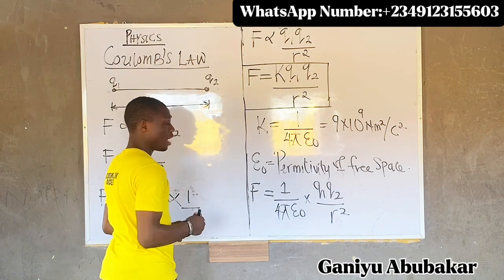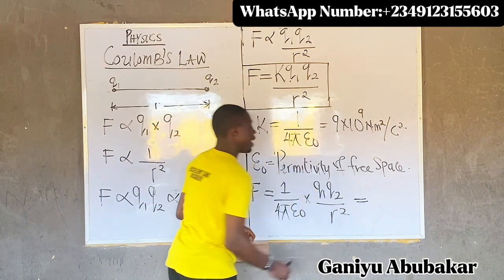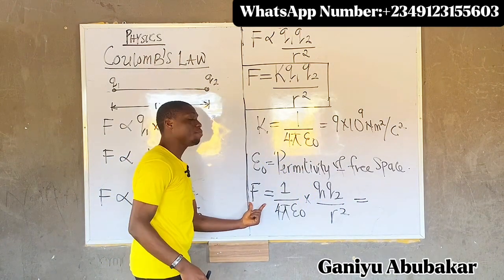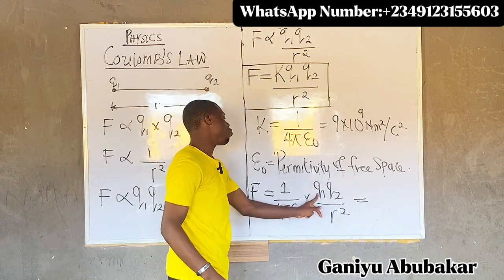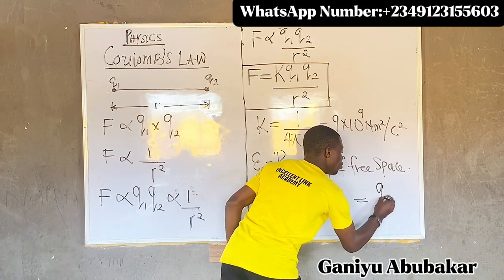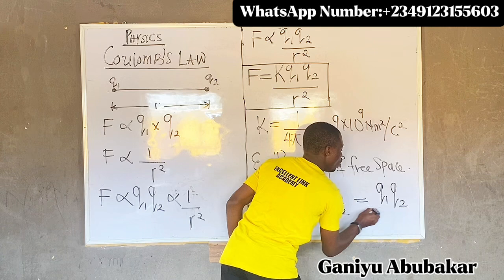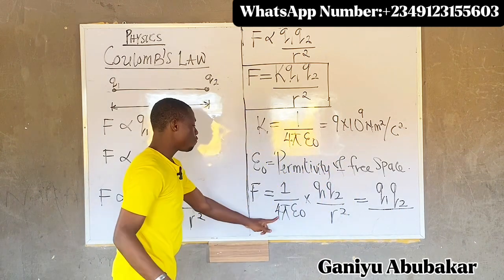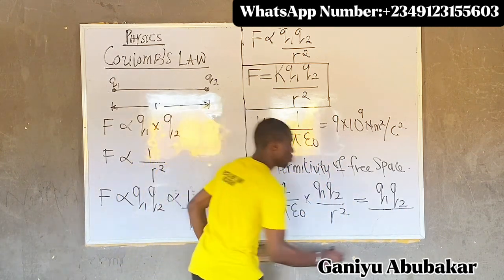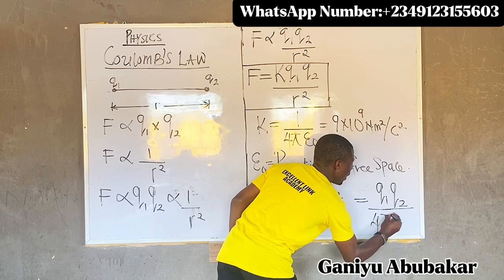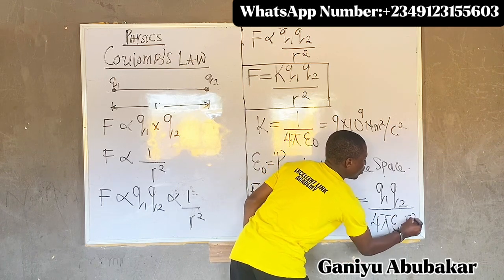Combine it together, so I can express the force of attraction as 1 times Q1 Q2 all over 4 pi E naught R squared.